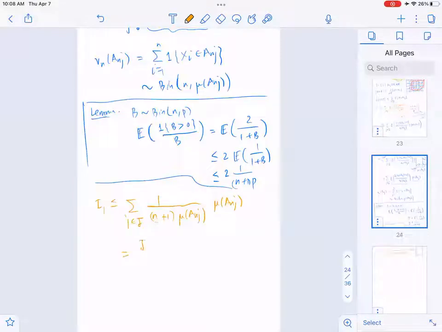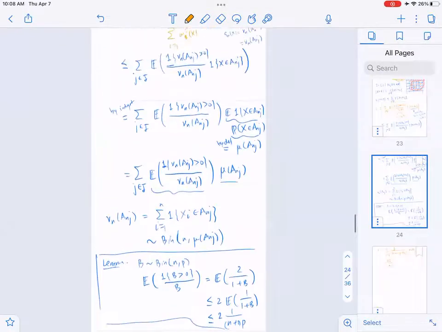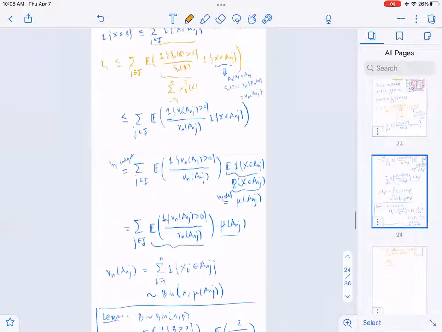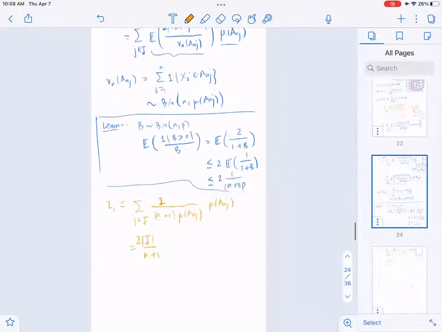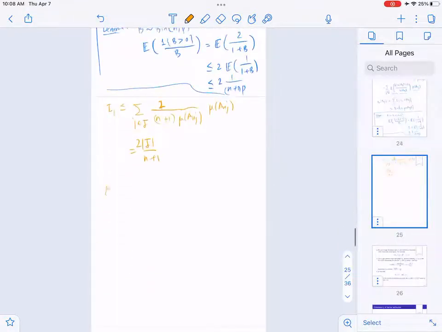So what I get is how many j's there are divided by n plus 1. And there's a 2 as well. Okay. So that's the part that controls the variance. So you can see the variance, if you go back, there's this extra piece here. So this variance term, basically the expectation, is what we showed.